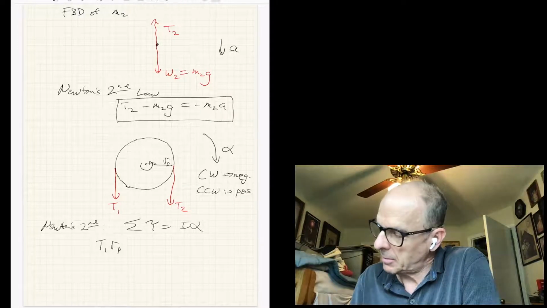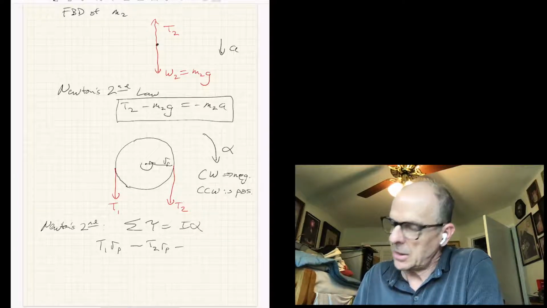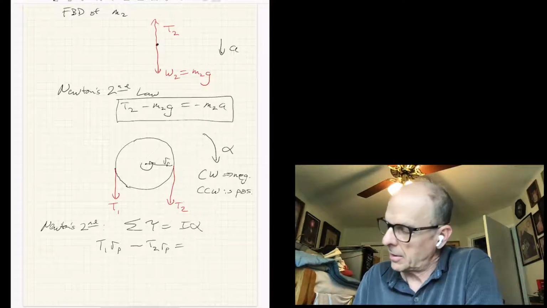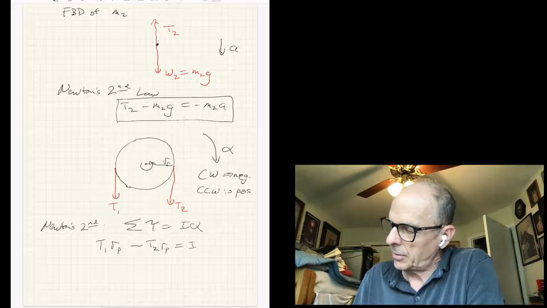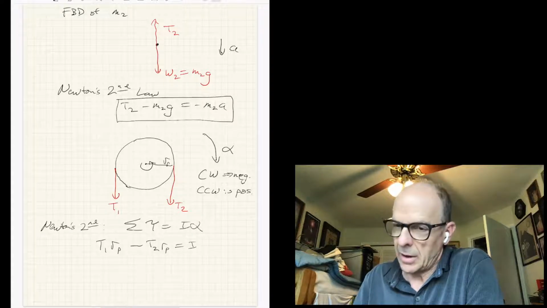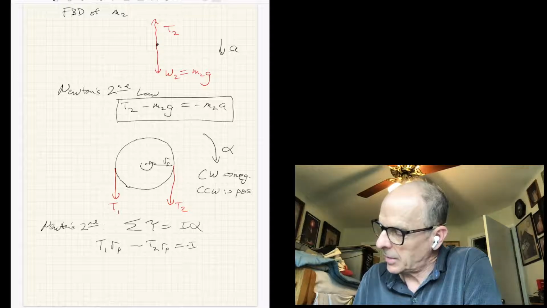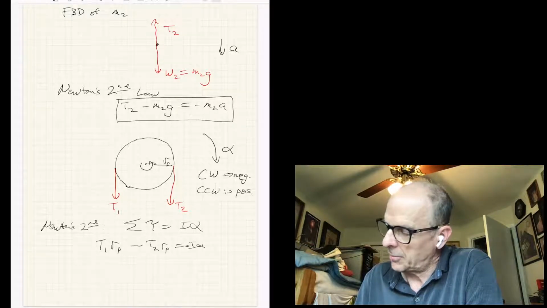So that becomes minus, and that torque is T2 times RP. And that's equal to the moment of inertia of the disk of the pulley times alpha. And alpha, since the thing is moving in that clockwise direction, that gets a minus sign too. It's equal to minus I times alpha.